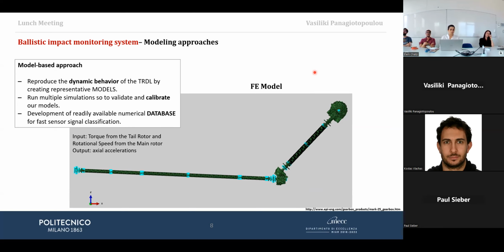The purpose, of course, is to calibrate the model in order to start running multiple simulations and create the database. Another input to the model is, of course, the rotational speed at this left side.